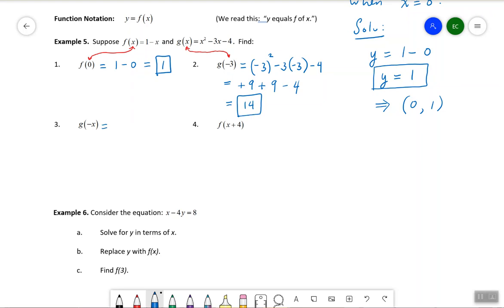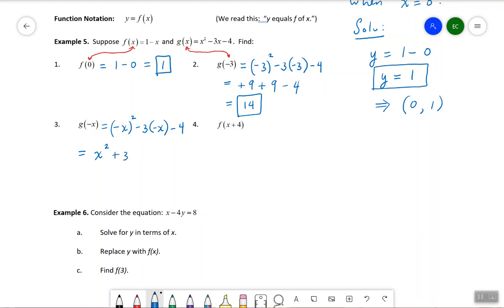So instead of x squared, we have negative x squared minus 3 times negative x minus 4. And then, of course, we're squaring the negative to make a positive, and we're squaring the x to make x squared.